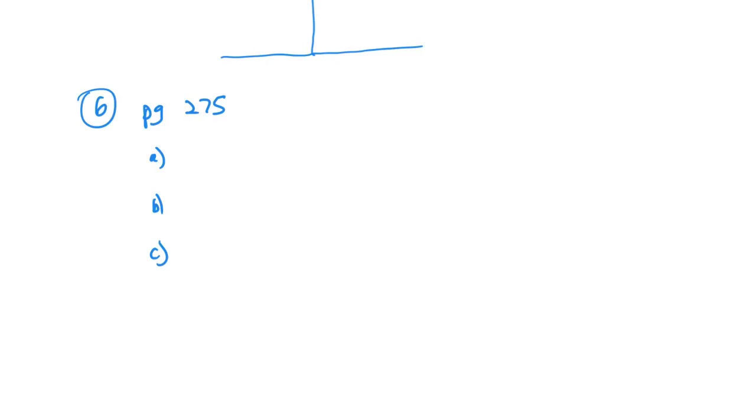So question A says, what percentage of the area under the normal curve lies to the right of mu? To the right of mu, if you think about what this standard normal curve looks like, something like this, and mu is right in the middle, right?